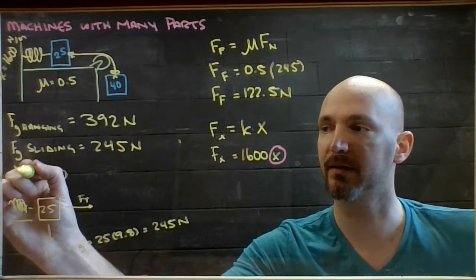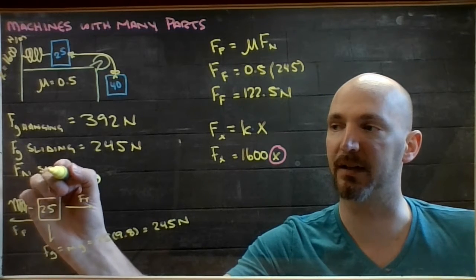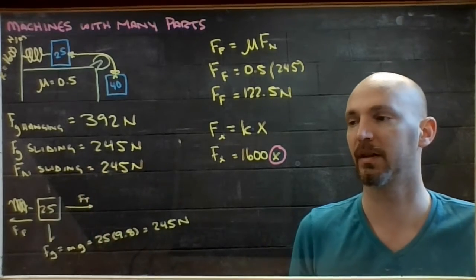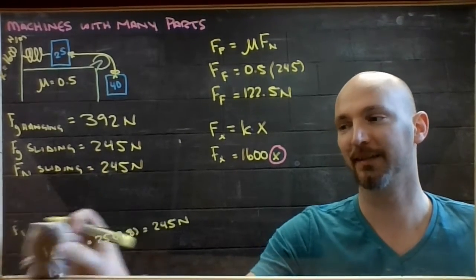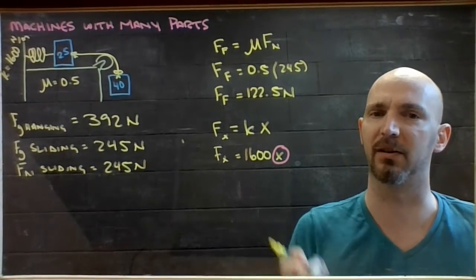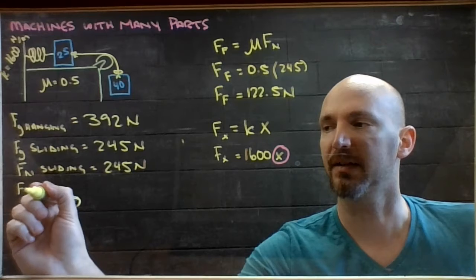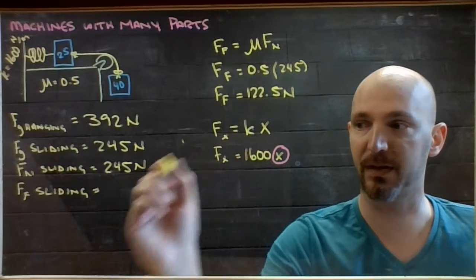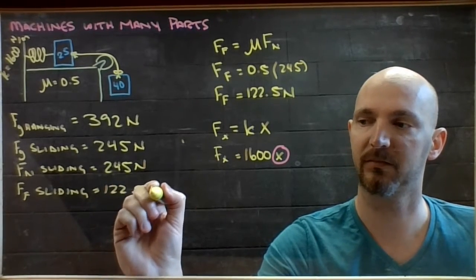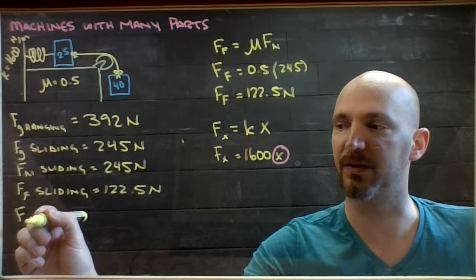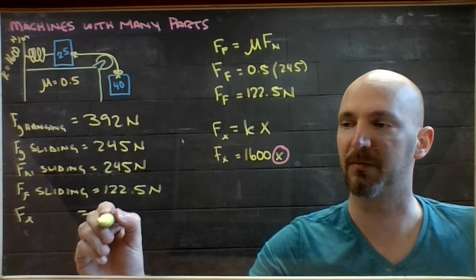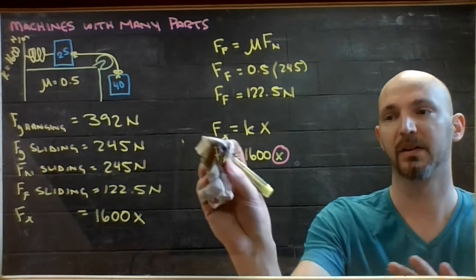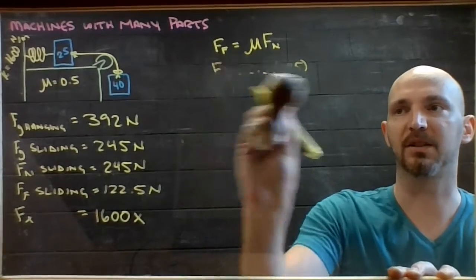I used that to determine the normal force on the sliding block, 245 newtons. And I used that, see how these problems are a big long chain, to find the force of friction on the sliding block, which was 122.5. And then I started to do the spring force, which ended up being 1600 times however far that spring is stretched.